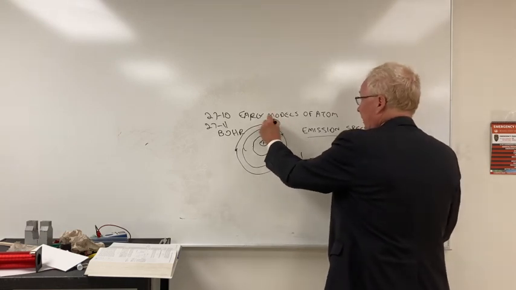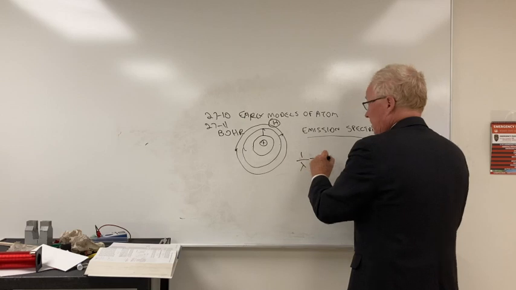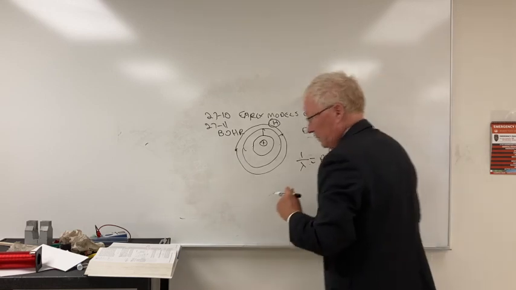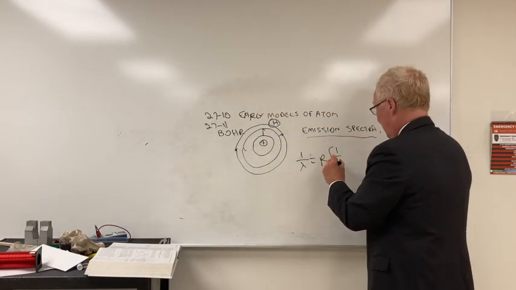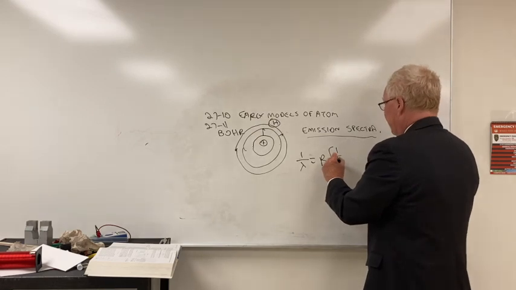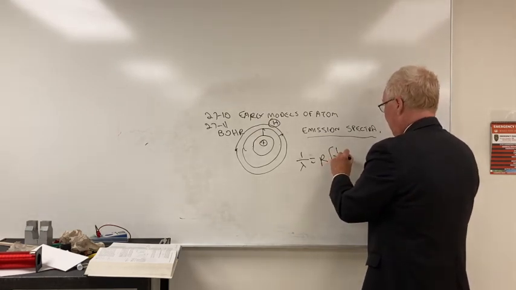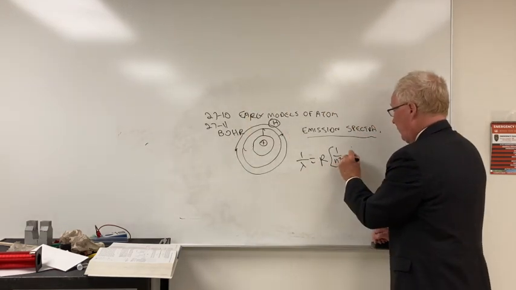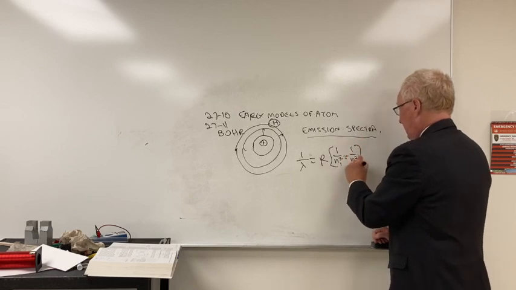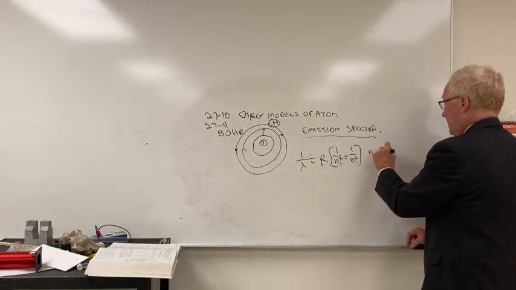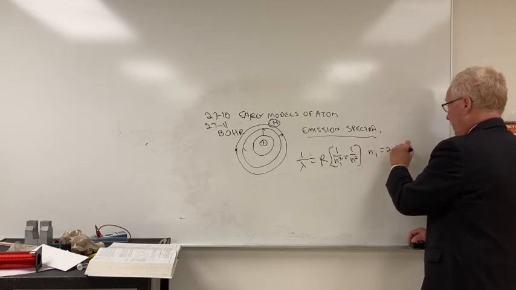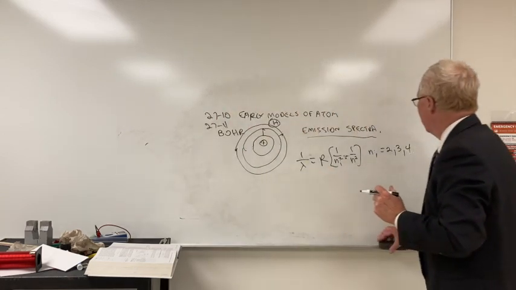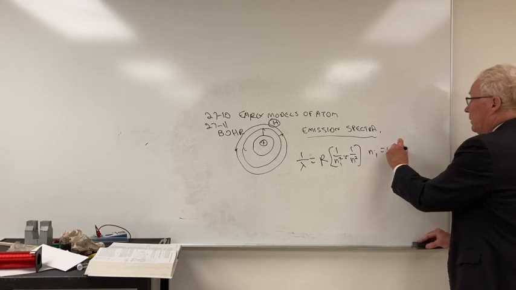And the fact that the wavelength for the hydrogen atom, the Bohr model, is R times 1 over N_f squared minus 1 over N_i squared, and N_f is either 1, 2, or 3.